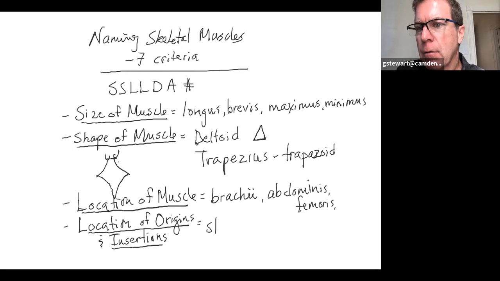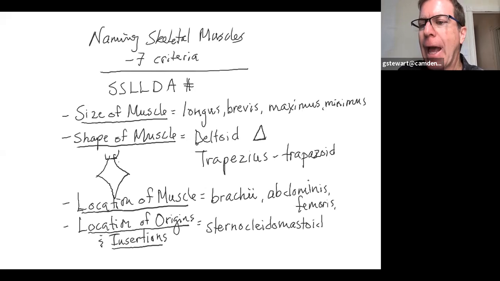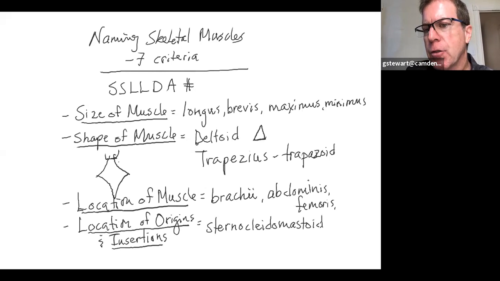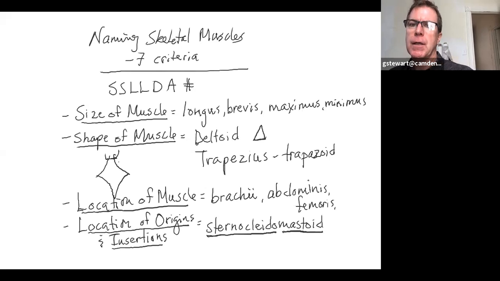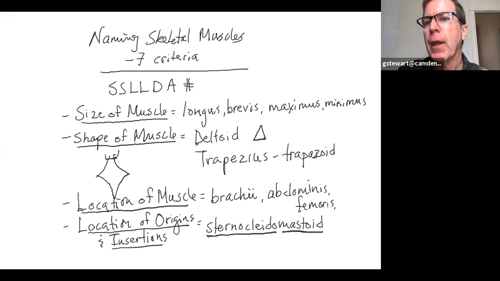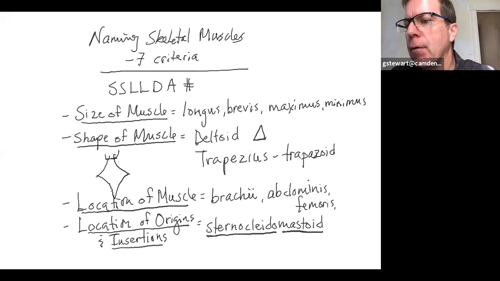The sternocleidomastoid muscle. It's a mouthful, but those words tell us exactly where it's located. The sternum and clavicle are the origin of that muscle. That's one connection point. And the mastoid process of the temporal bone right behind the ear is where its insertion is. So that's SSLL. We still have DA and pound.